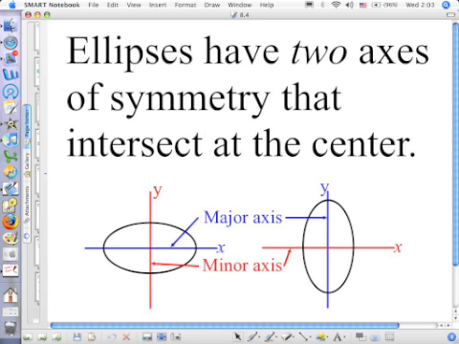In the one on the left, the horizontal ellipse, we have a major axis, which is the x-axis. Yet in the picture on the right, the major axis is the y-axis. The longest axis is the major axis. The shorter of the 2 axes would be called the minor axis. Now, this is very important because the way this thing is situated is going to determine how we write the equation, and where we find certain values to help us write the equation.